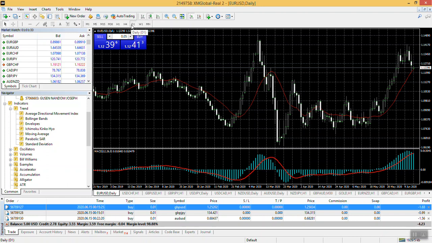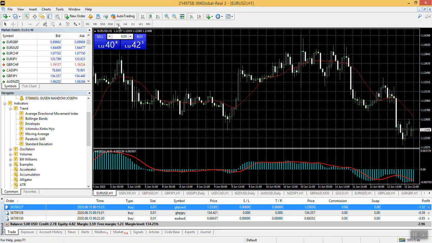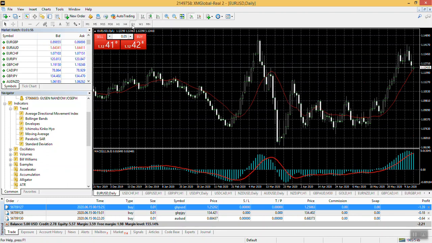We have trends that last for some hours, we have trends that last for several days, we have trends that last for several weeks and several months. If it is a short-term trend, 1 hour should be able to pick it up. If it is a long-term trend that can last for days, from the daily candle we can begin to pick it up. Okay, now let's continue so that we can spot our trend.